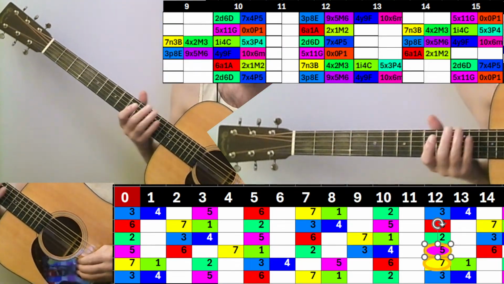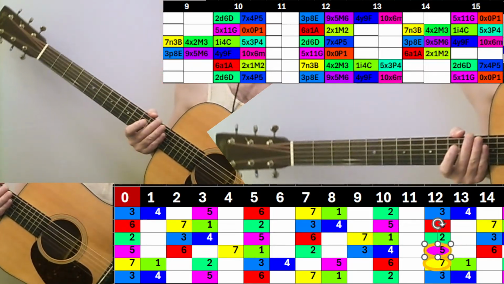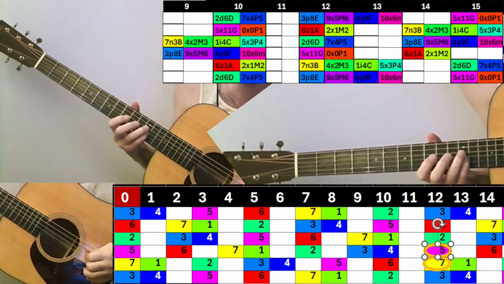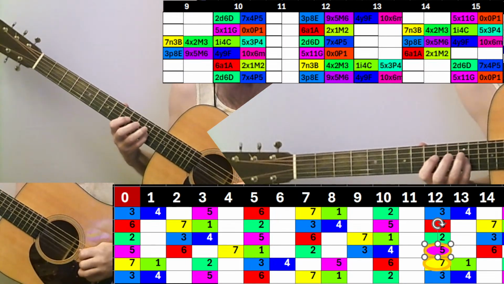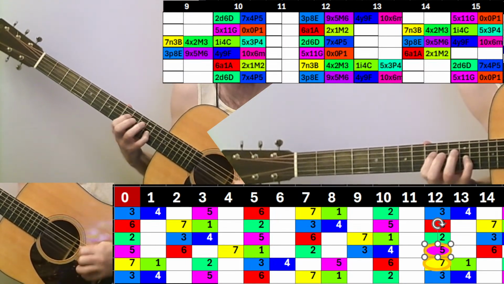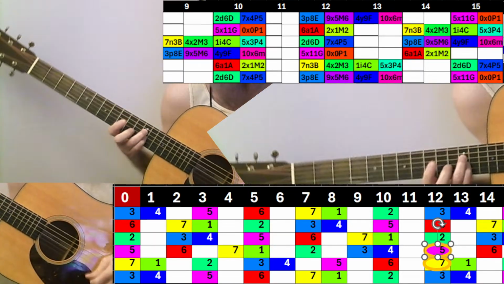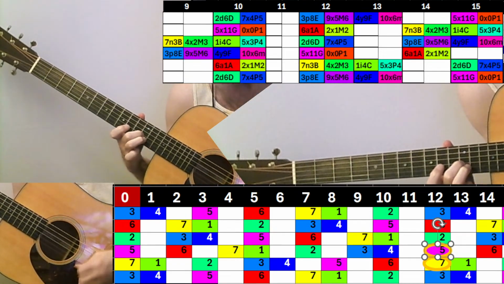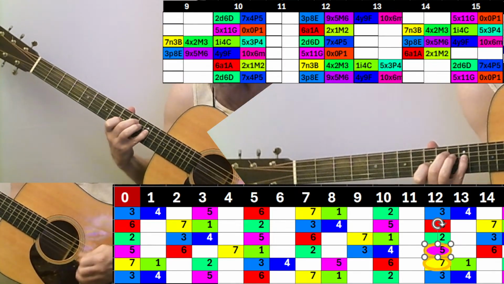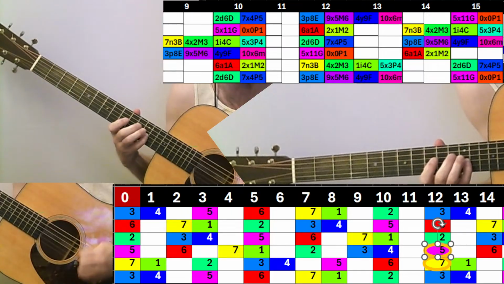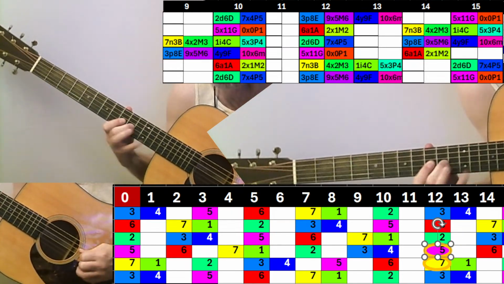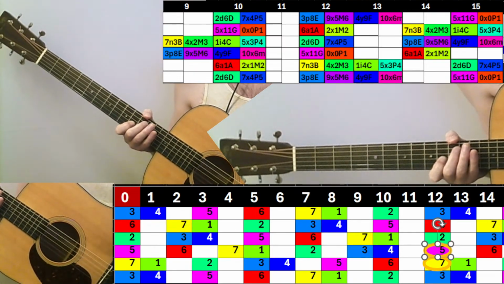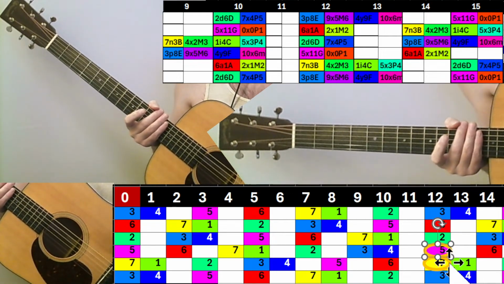So we're at the 12th fret. Okay, so we've built the triad before, which was the Mixolydian.